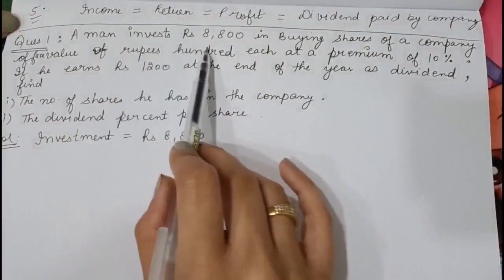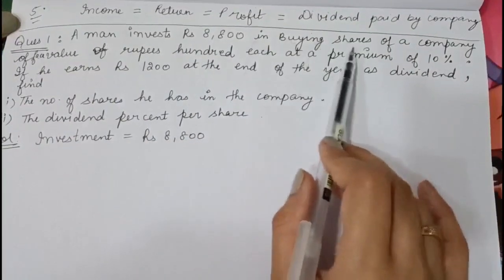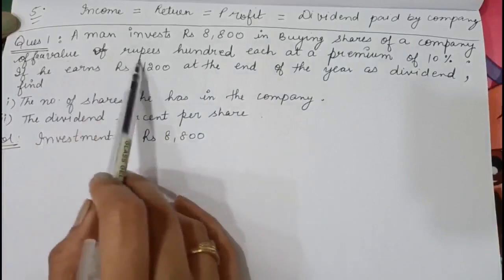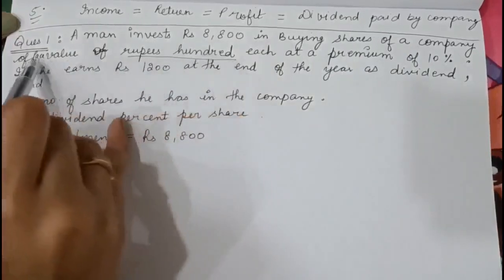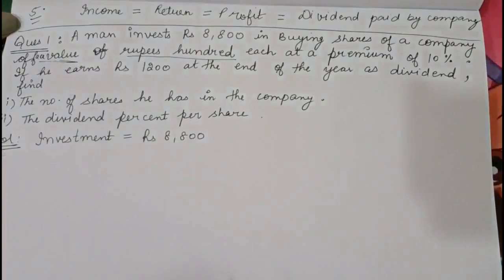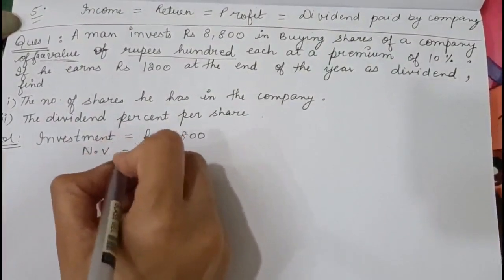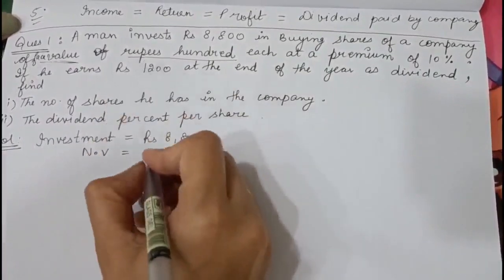A company of face value of rupees 100. Face value means nominal value. So that means NB is equal to rupees 100.